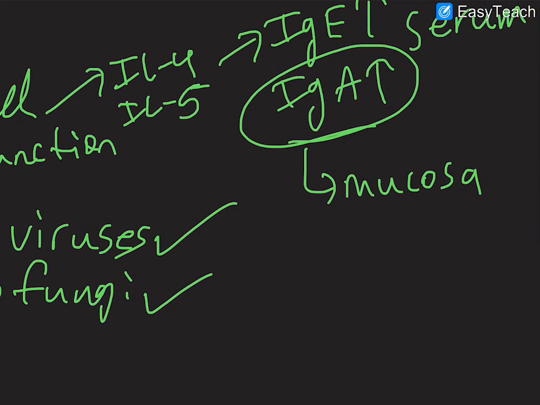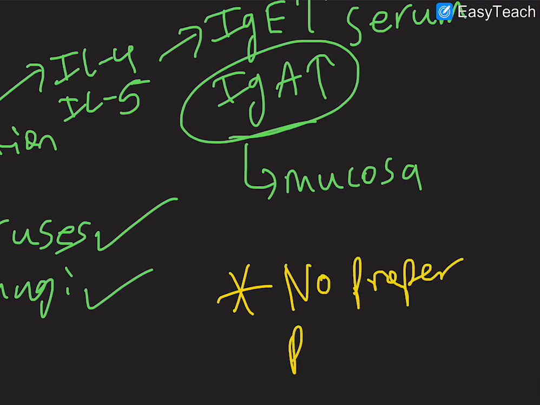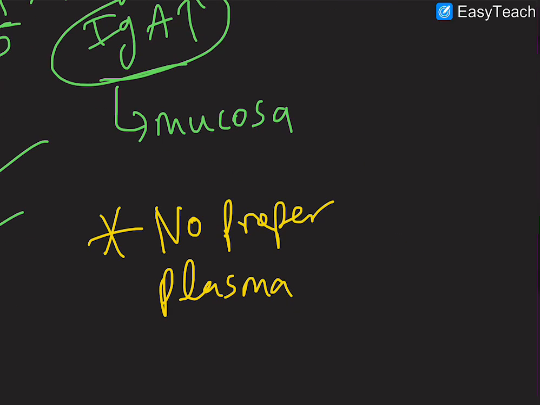Remember, we have B cell dysfunction and you have T cell dysfunction. So, due to the B cell dysfunction, you don't have proper plasma cell migration into your lamina propria of the intestines, for example, right? Where you usually have IgA antibodies. Because you need functioning and active B cells in order to have functioning plasma cells.